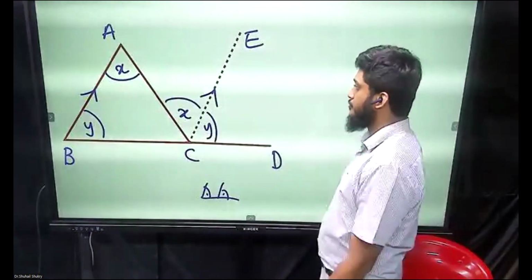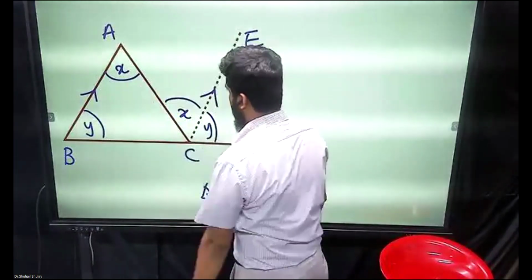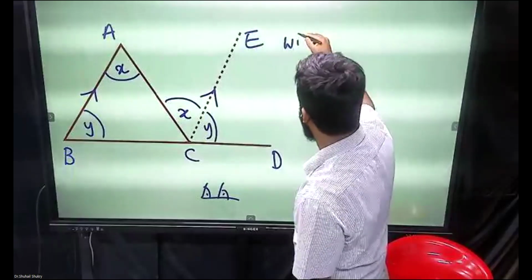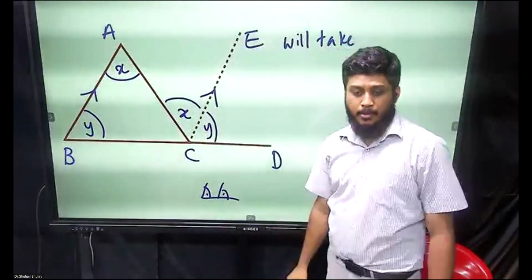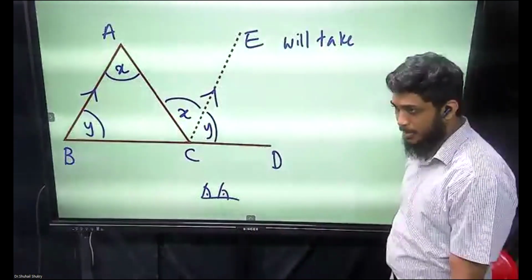So how should we write this? You can write like this. You should write in the exam paper, 'We'll take', meaning you and the examiner.